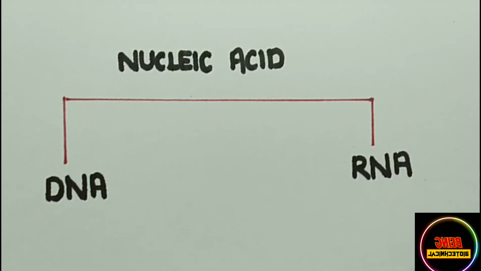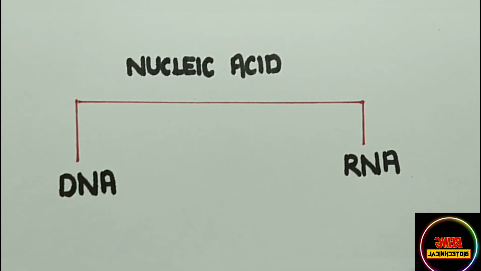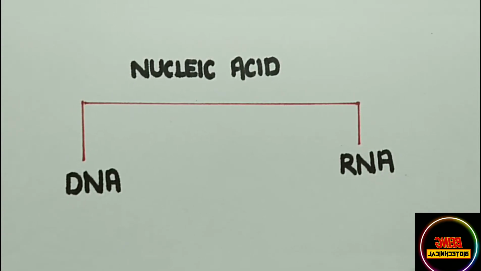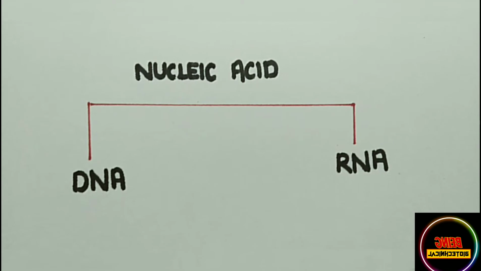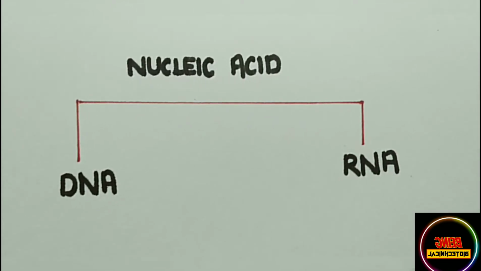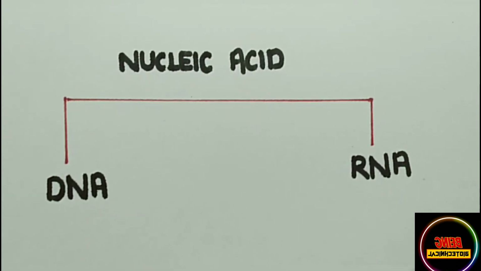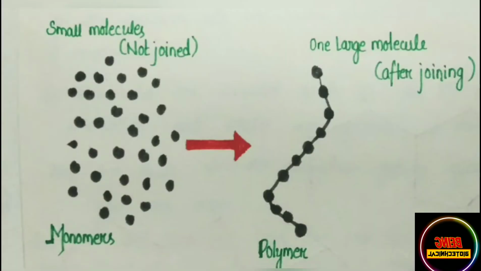So, in order to know the structure of DNA and RNA, we first need to know the structure of nucleotide, which is the monomeric unit of nucleic acid. In the previous video of this series, I already discussed diagrammatically what is polymer and what is monomer. If you still have not seen that video, please check that out.